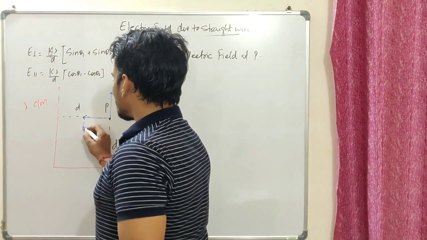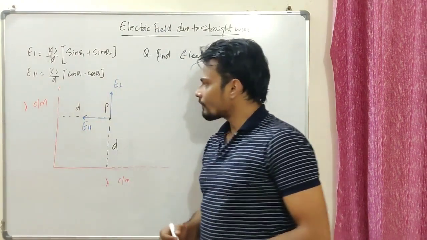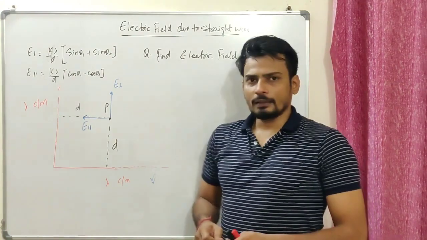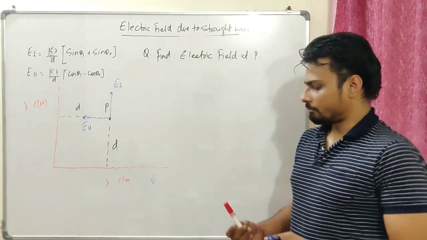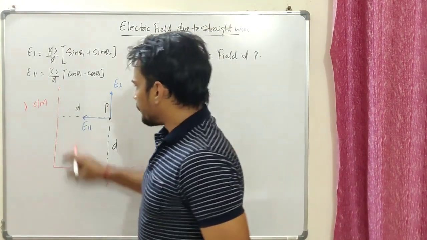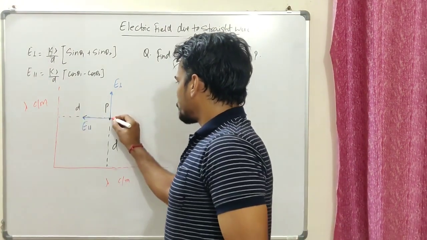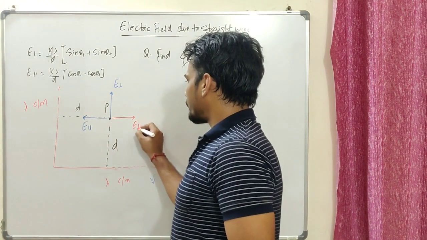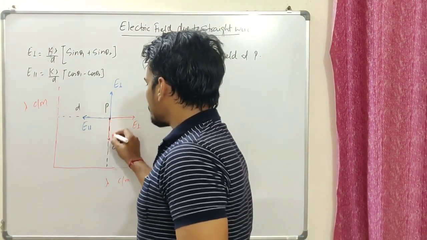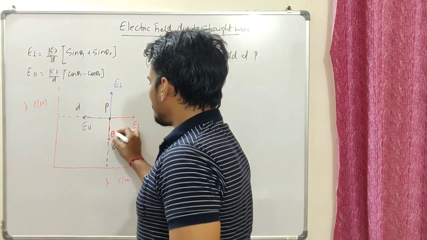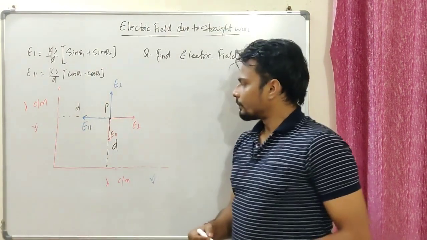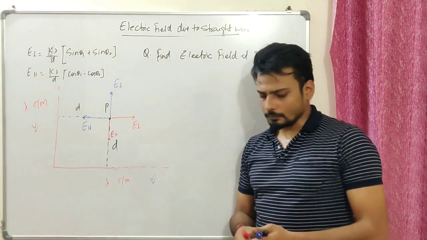So let's say this is E parallel. The blue color I'm using for this wire. Now let me use the red color for the other wire. The electric field perpendicular by this wire should be in this direction, and the parallel should be in this direction, isn't it? That should be E parallel. So I'm using the red color for this wire and the blue color for the other wire.